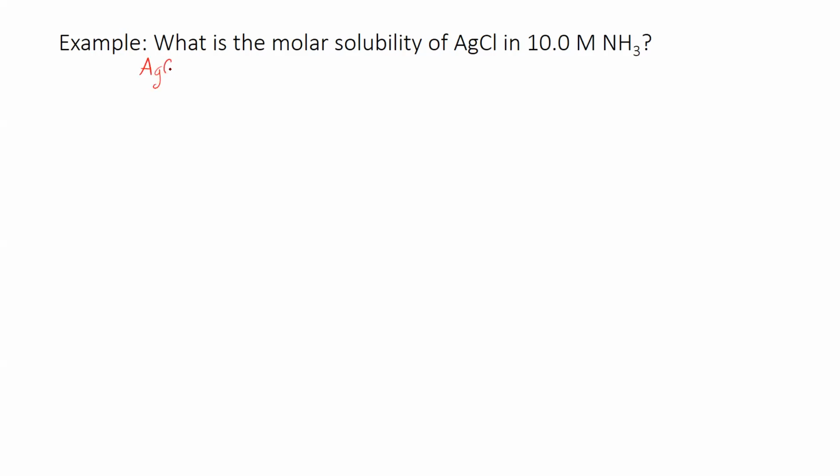So silver chloride, solid, plus 2 ammonia, aqueous, reacts to form the silver complex ion with ammonia, aqueous, plus chloride ion.